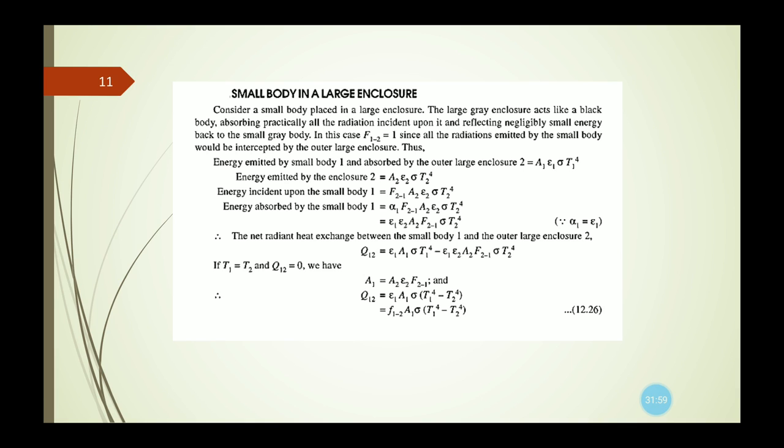Now the net heat exchange between the small body 1 and the outer large enclosure 2, Q12, equals Q1 minus Q2.